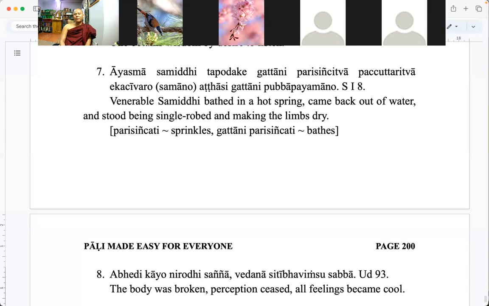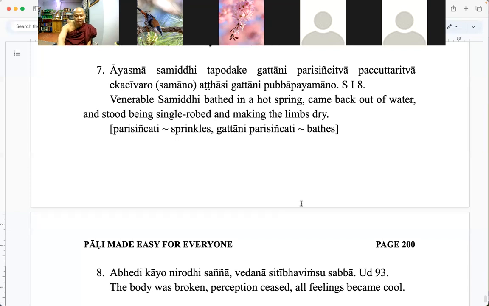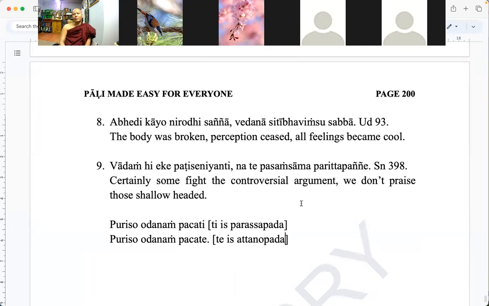And another point, Bante, is for number 8, abhedi kayo. So for abhedi here, it is the past tense, it means broken. So when we put it with kayo, how do we put it as the passive voice here, Bante? No, not passive.